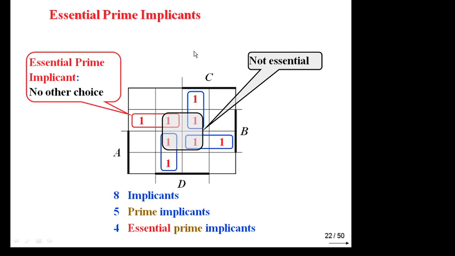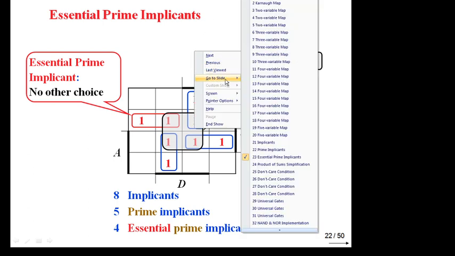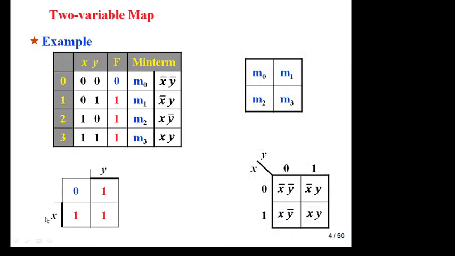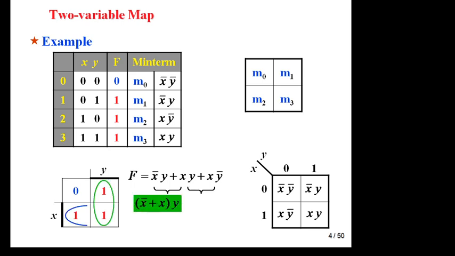Now come back again to the 2 variable K-map. Suppose this is your example. You can form 2 pairs, one pair and one pair, and these two are EPI because this one is unique and this one is unique. So you do not need to look here, you can directly determine the value.